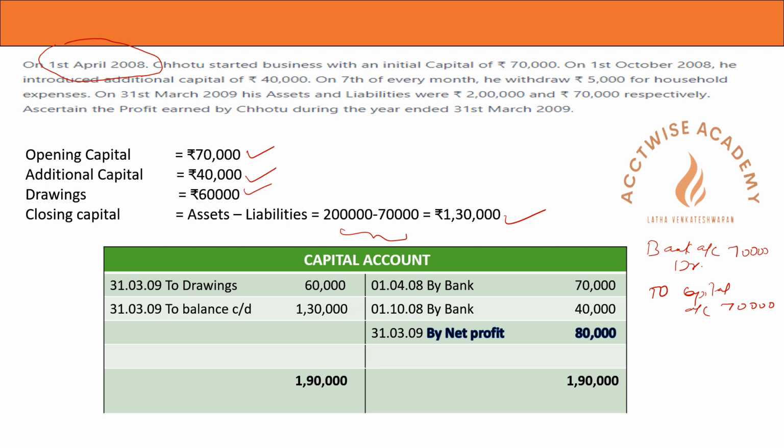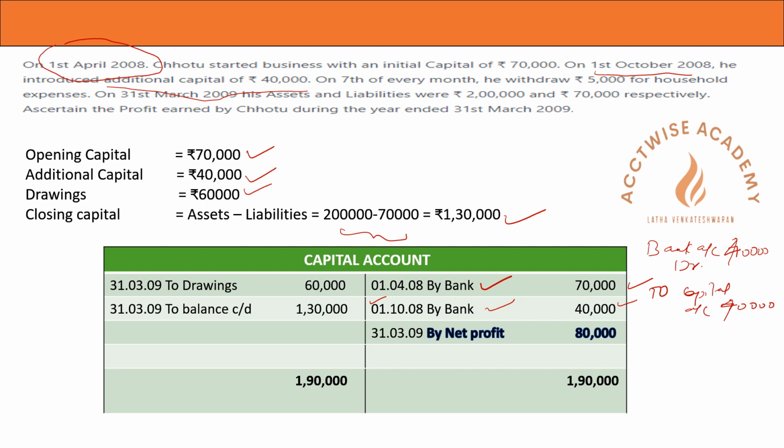So here we have written by bank, on 1st April 2008, 70,000. Next, on 1st October 2008, he introduced additional capital of 40,000. So on 1st October 2008, same entry, bank account debit to capital account, but the amount will change to 40,000. So by bank, 40,000.